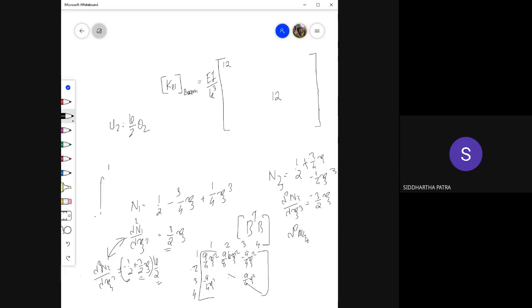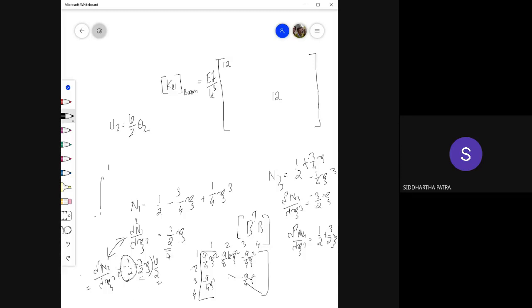how much is d2 n4 d xi2, and for me that turns out to be 1 by 2 plus 3 by 2 of xi. You see, when I'm multiplying, what I did, I first wrote the derivative, and then when I put it in the matrix, I omitted the odd function.